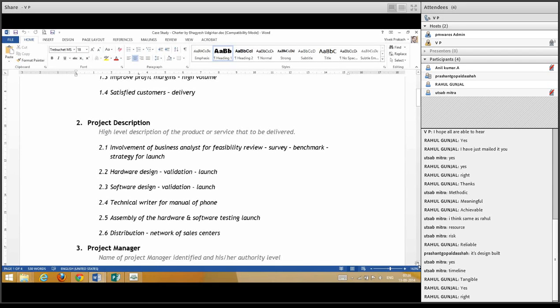Okay, I have one more charter from Anil. I hope Anil is in the room right now. So he has discussed, he has understood the discussion of project objectives.